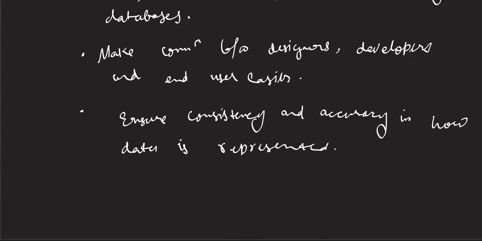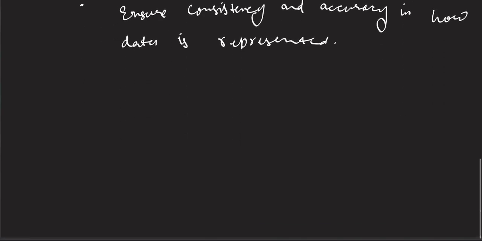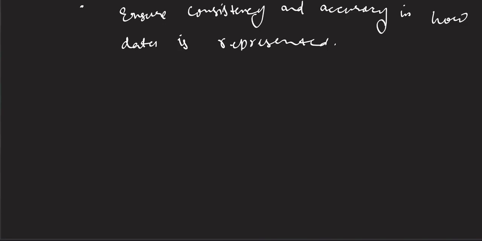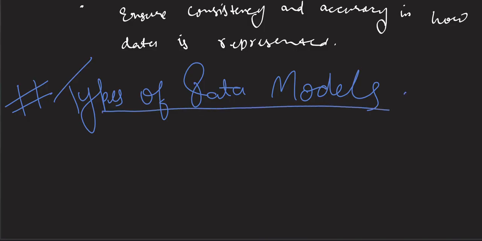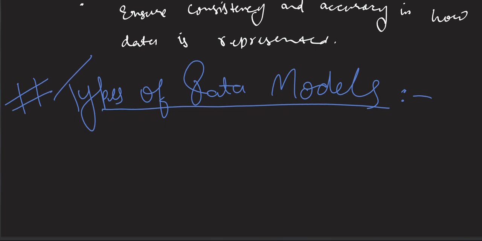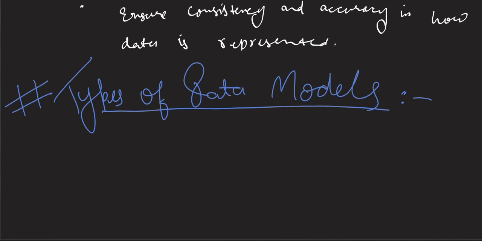So directly move towards the types of data models which we are using. Let's make a note of the types.